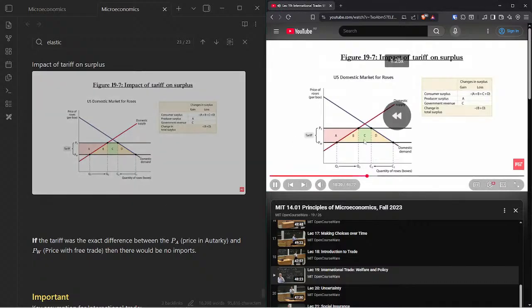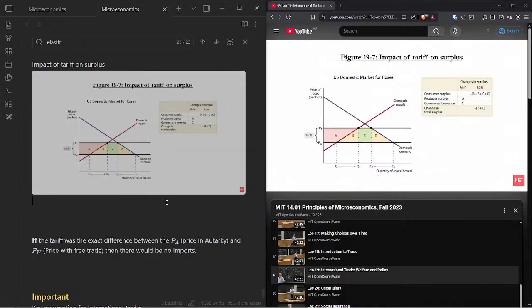Q1 to Q2, okay, we have increased producer surplus, government by A. revenue.